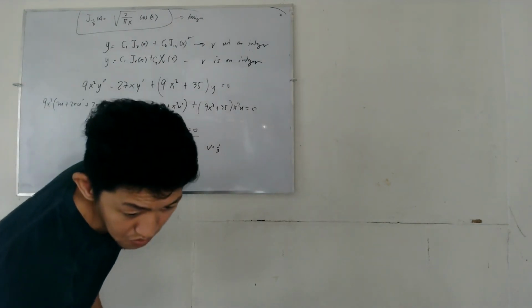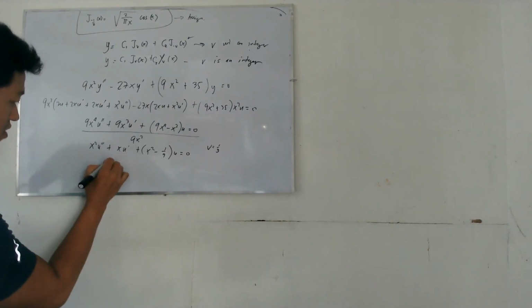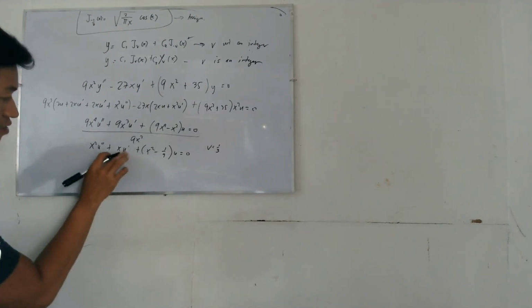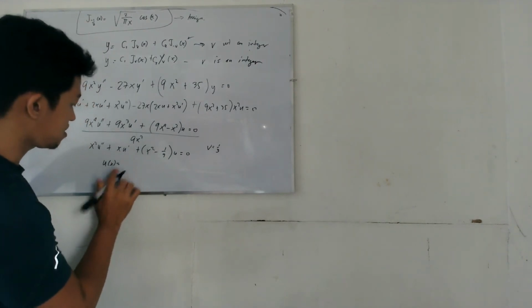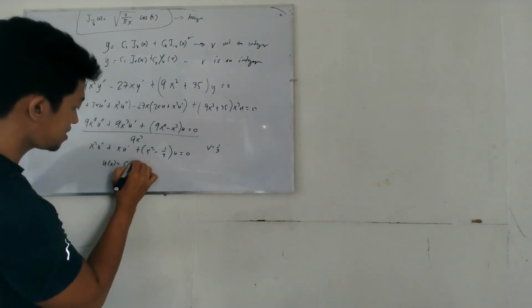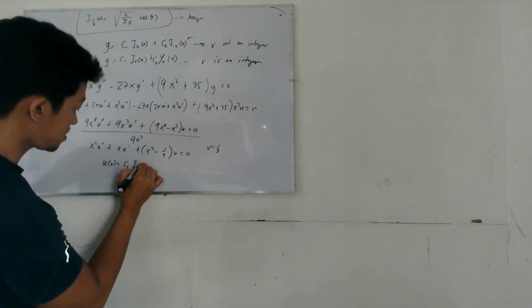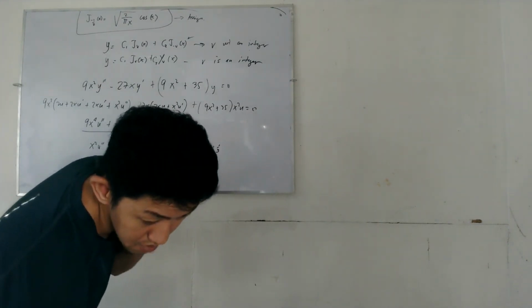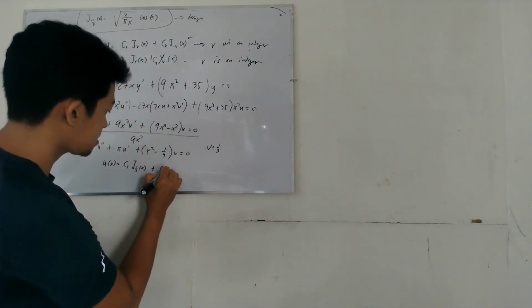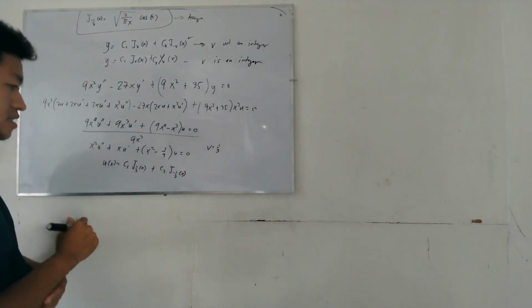The general solution would be u of x, okay, u man ang itong variable, c1 J 1/3 of x plus c2 J negative 1/3 of x.